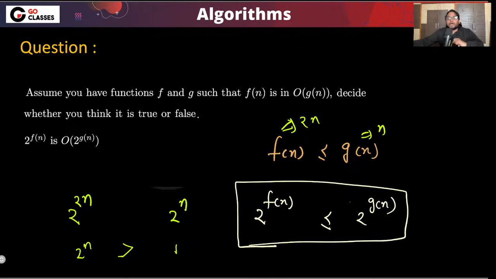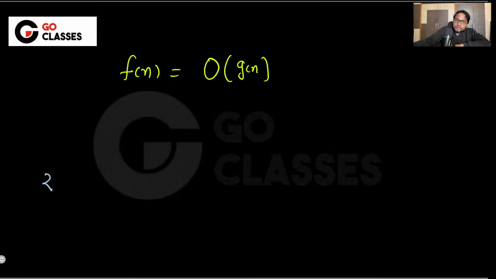Are you understanding this? If f(n) is big O of g(n), then what about the powers? They are asking what about 2 power f(n), and can you compare it with 2 power g(n)?